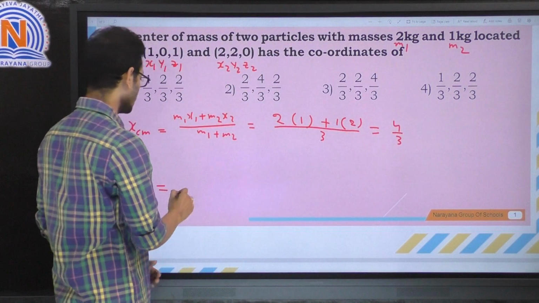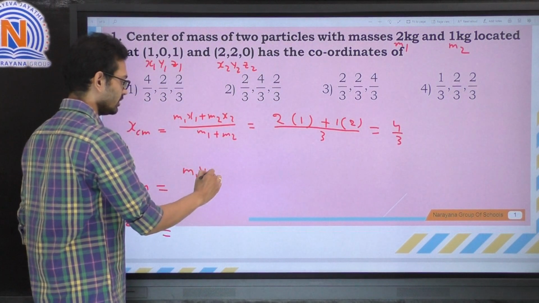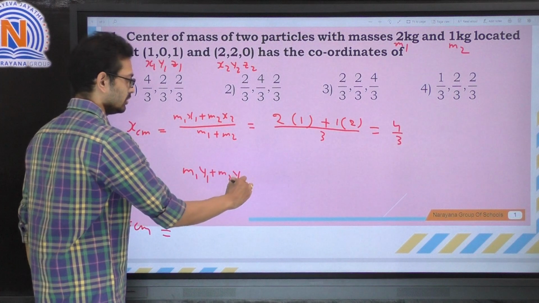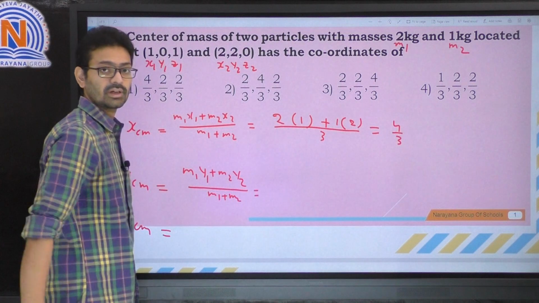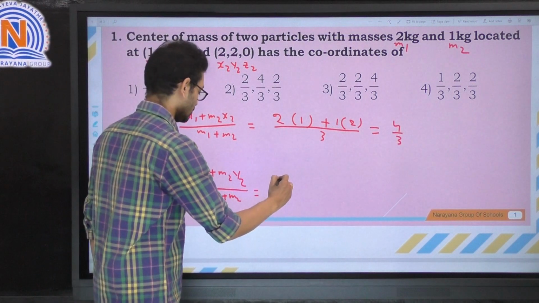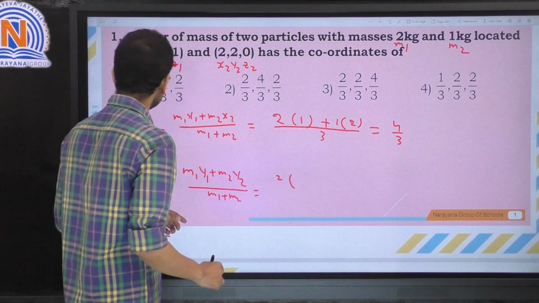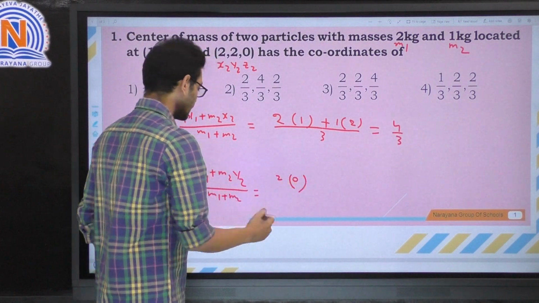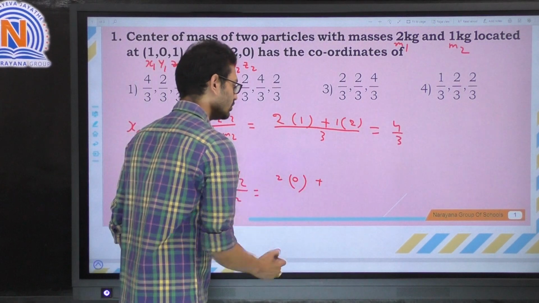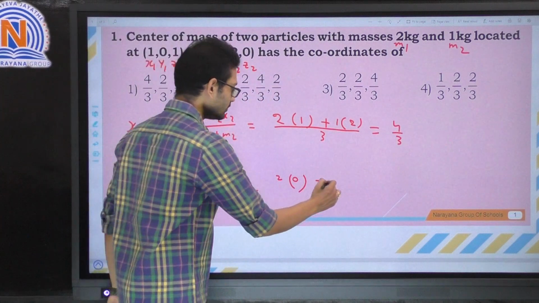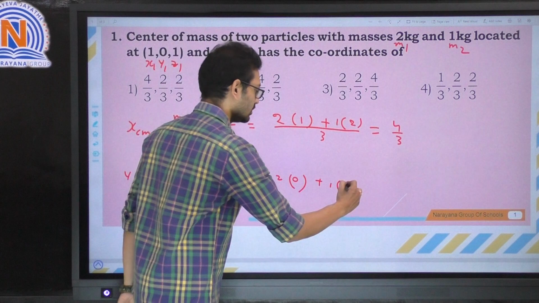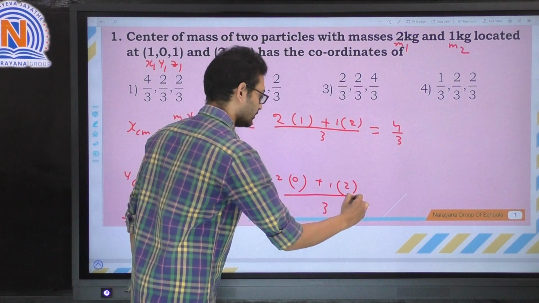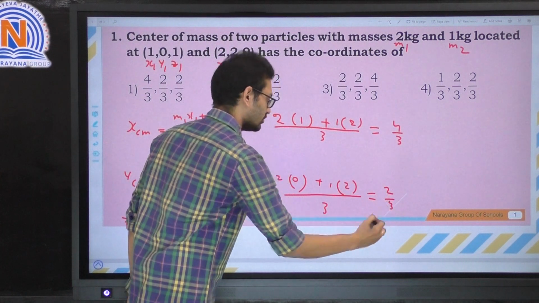And here you will get (m1 y1 plus m2 y2) by (m1 plus m2), and here you will get 2 into y1, how much is y1? y1 is 0, and m2 is 1, and y2 is given as 2, by 3. So you will be getting 2 by 3 over here.